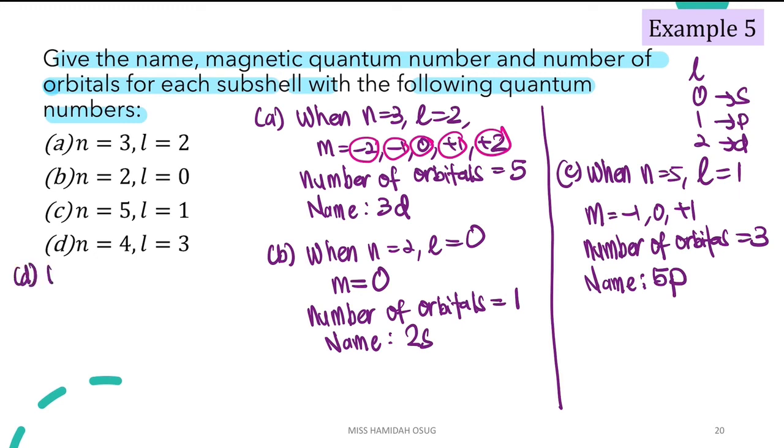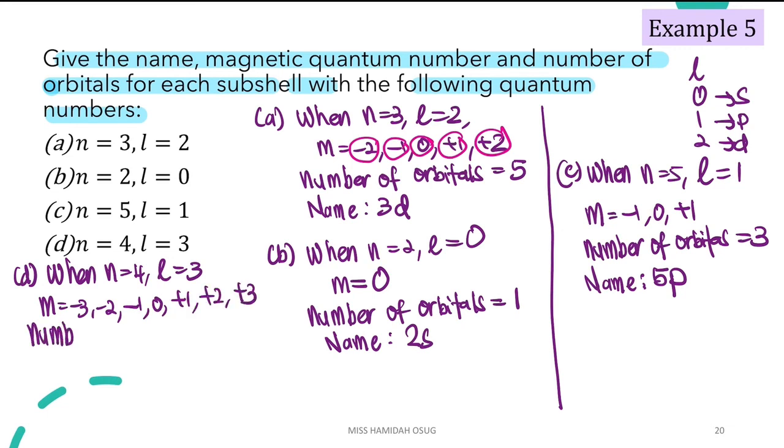And the last one, when n is equal to 4, L equals 3, therefore the value of m should be -3, -2, -1, 0, +1, +2 and +3. So there is a total of 7 orbitals there, and the name of the orbital is 4f.